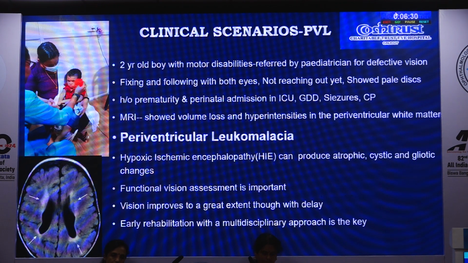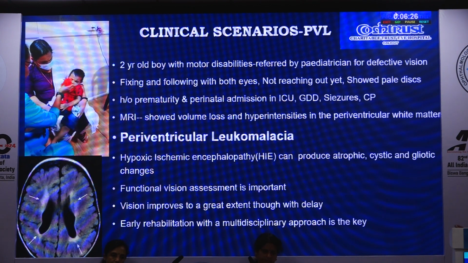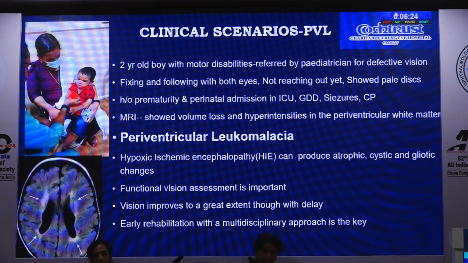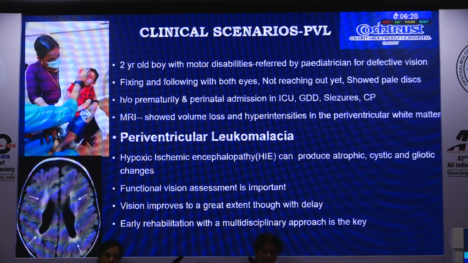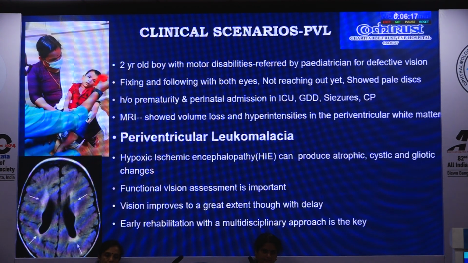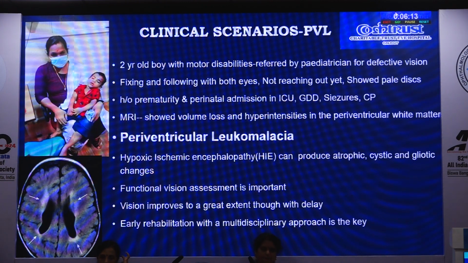A 2-year-old boy with motor disabilities was referred by a pediatrician for defective vision. He was fixing and following with both eyes, not reaching out yet, and showed pale discs. There was a history of prematurity, perinatal ICU admission, global developmental delay and seizures, with spasticity.